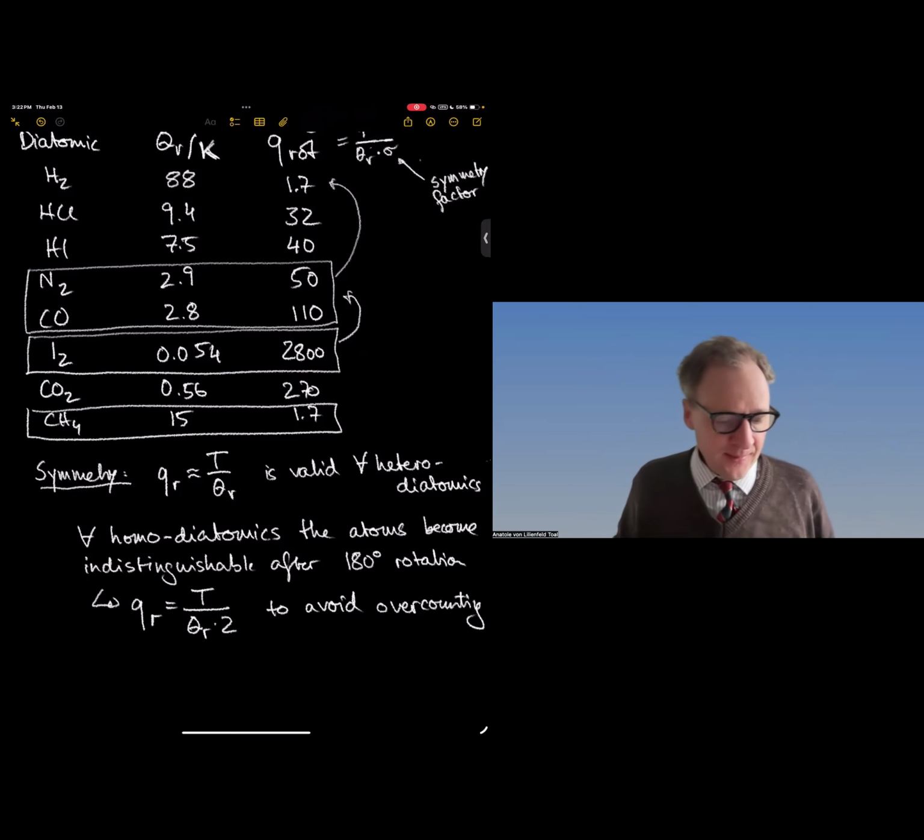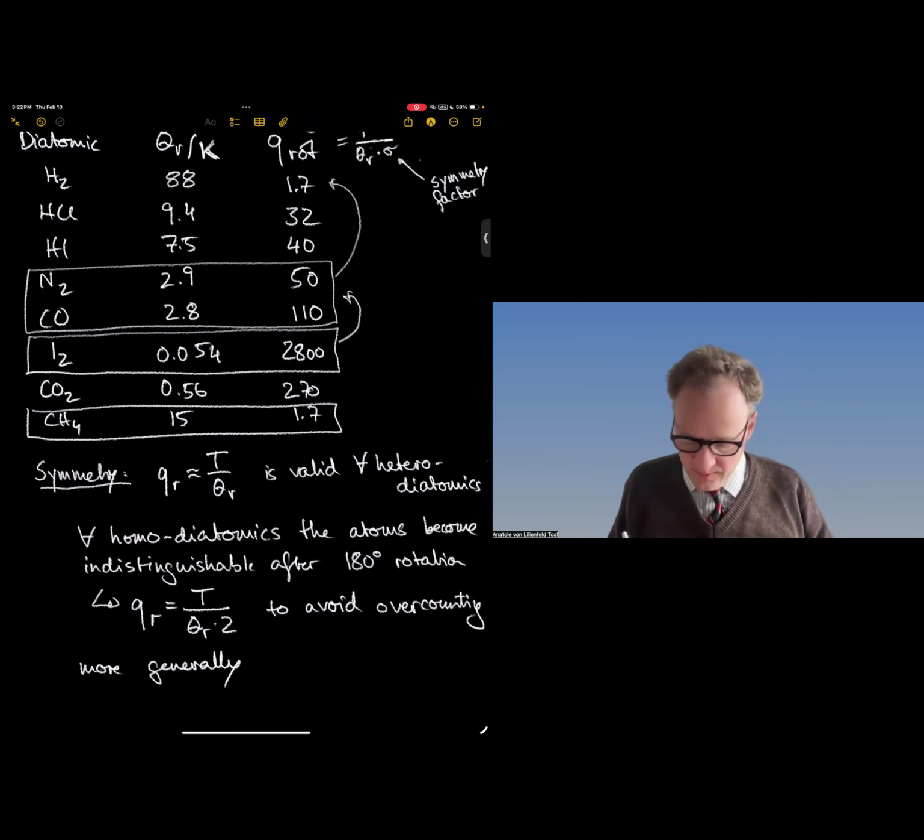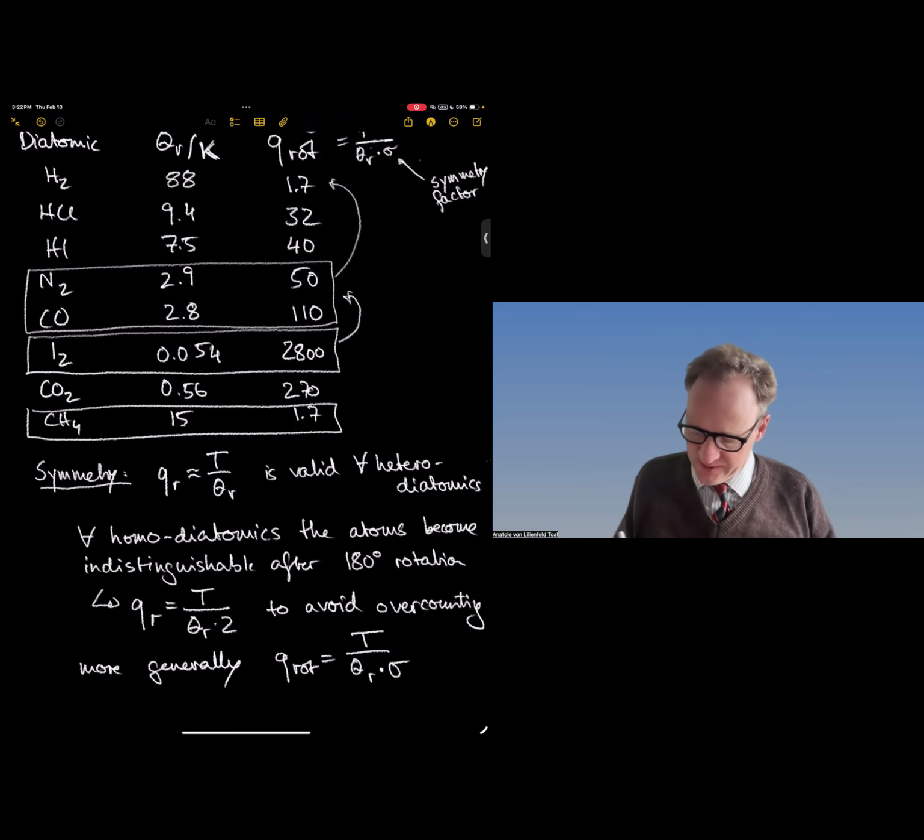Okay, and so we more generally use Q rot equals T over tau R times sigma.